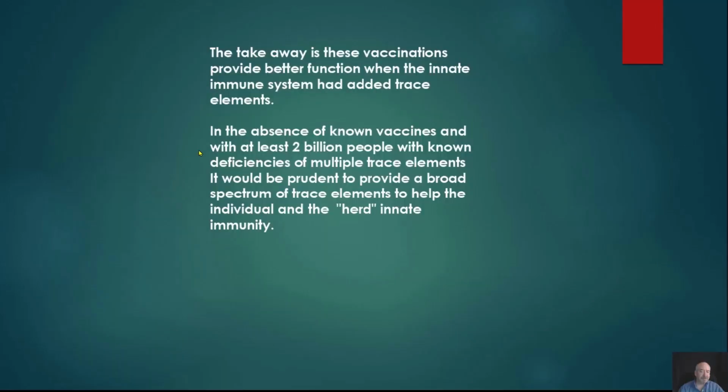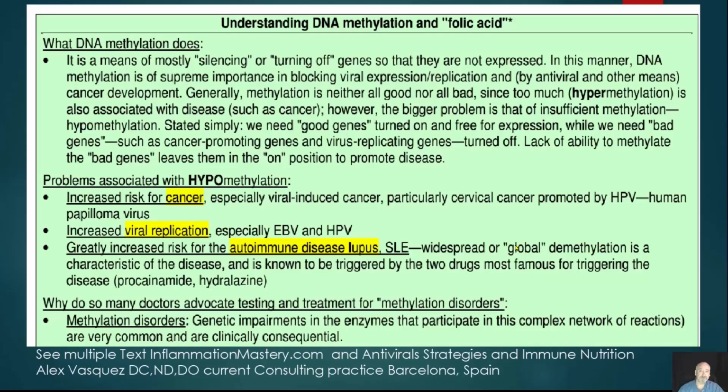In the absence of known vaccines, we should realize that at least 2 billion people have been identified with multiple deficiencies of trace elements. Therefore, if we want to help individual as well as herd immunity, we should consider making sure everyone has some of these trace minerals so they're better able to defend themselves against the viral infections we currently have, as well as general viral infections.